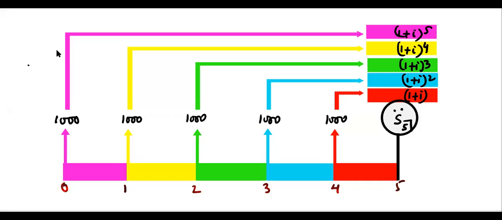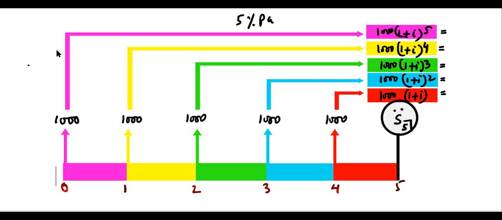So here we have to write 1,000. Here also we have to use a calculator. If the interest rate is given, we'll be able to find the accumulated value individually. We'll take 5% per annum.